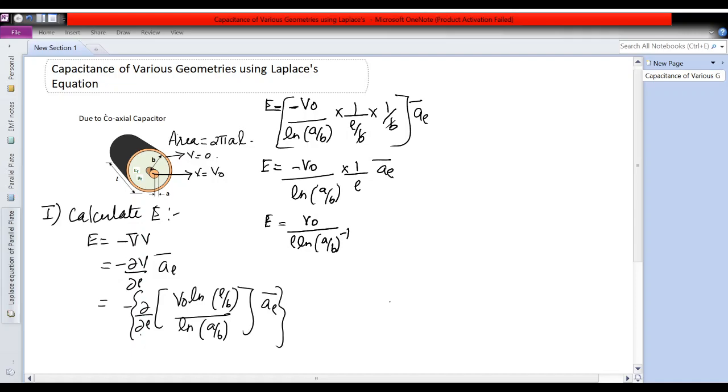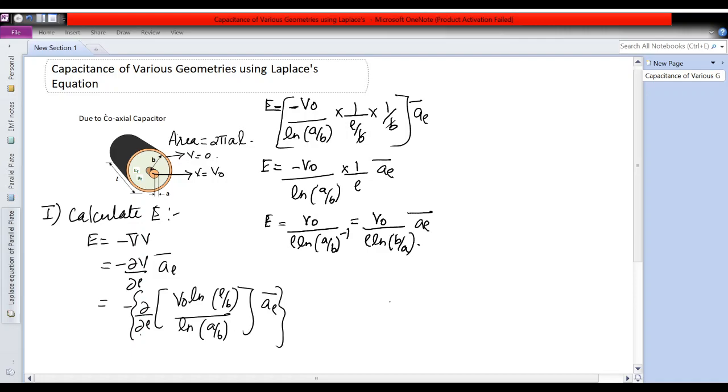Why? Because if the minus is in the denominator or the numerator, it doesn't make a difference. So if I take this minus to the denominator, it will become inverse. So I can write this as V naught by rho into ln of B by A. This is my electric field intensity vector.